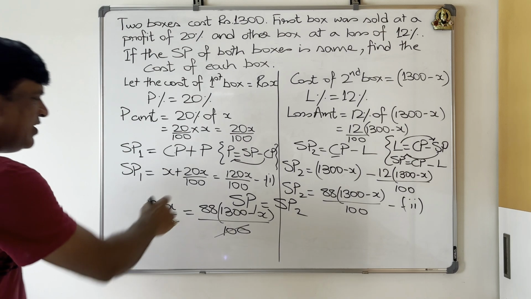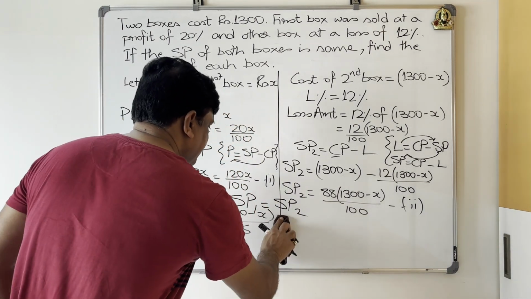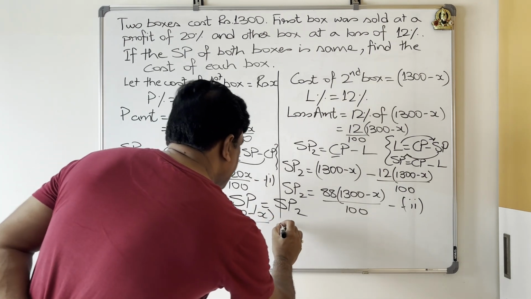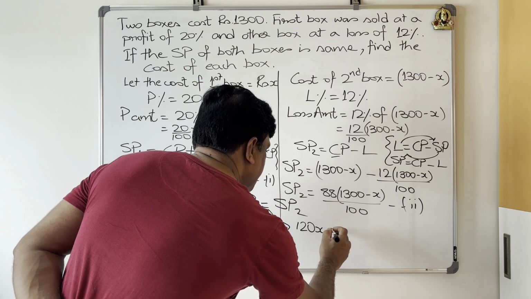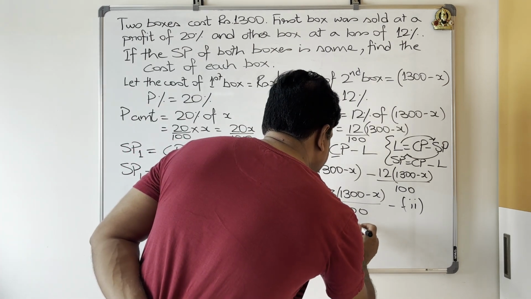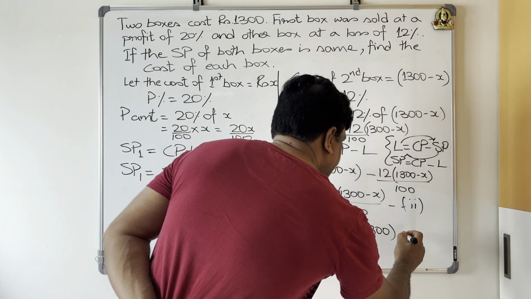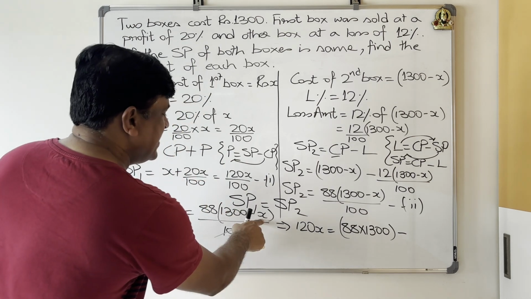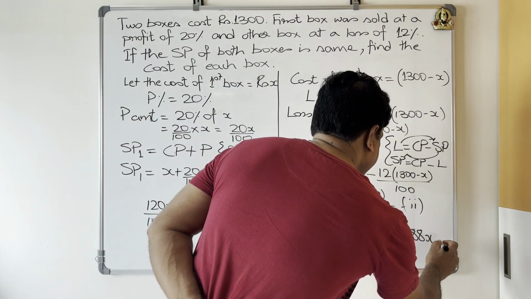Okay, and what are you left with now? You are left with 120x is equal to, I'll leave it like this, 88 times 1300 minus, it is 88x when I open this, 88x. Right?